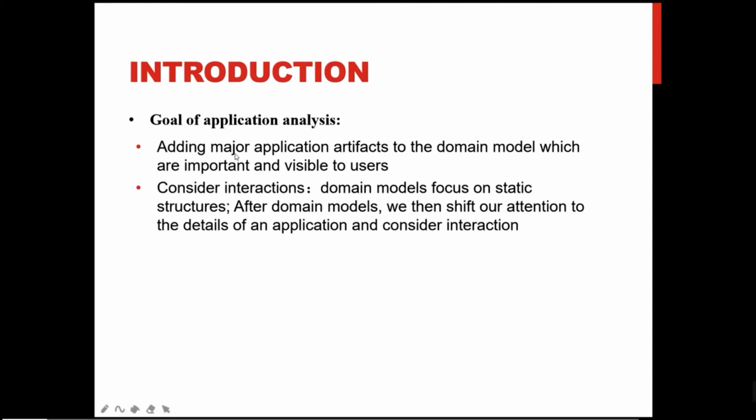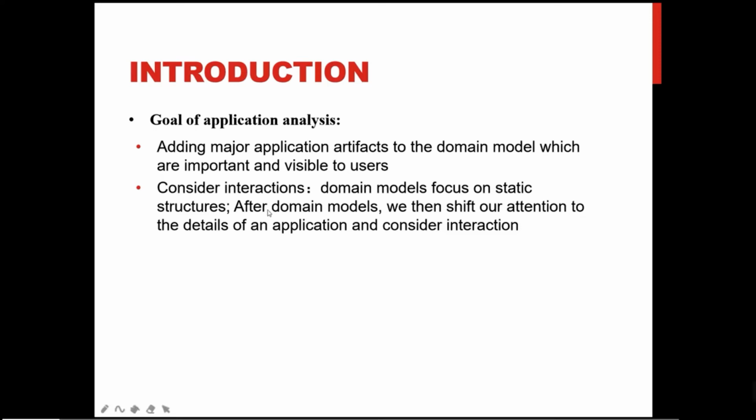And also we will add some major application artifacts to the domain model, which are important and visible to users. Because in the domain analysis stage, we didn't consider the application artifacts. We only consider the objects with real-world counterparts.